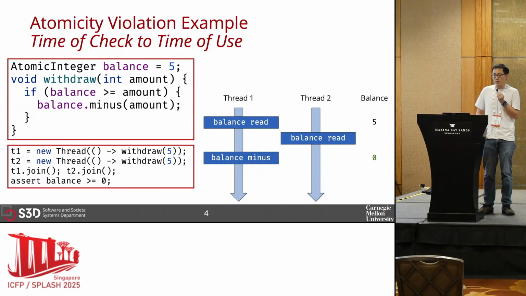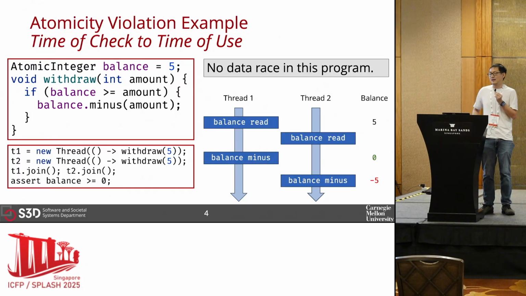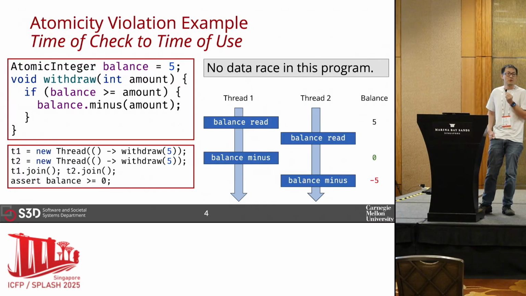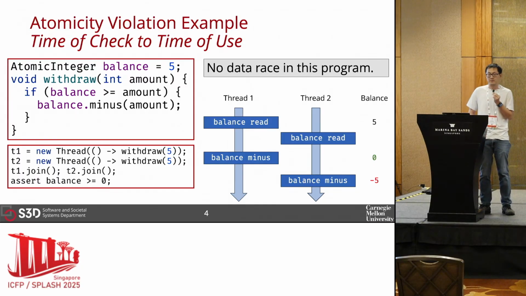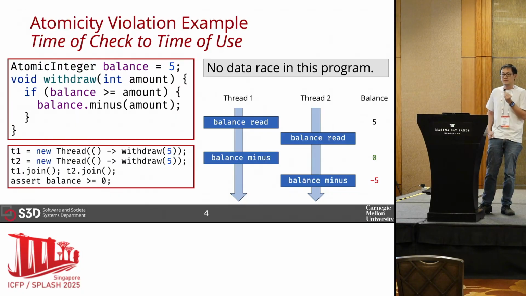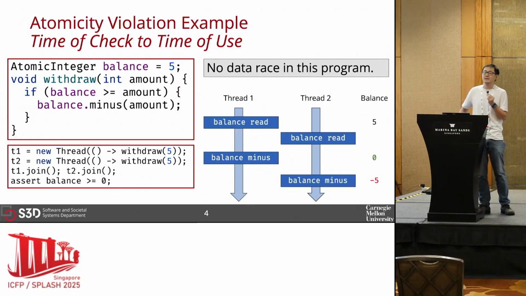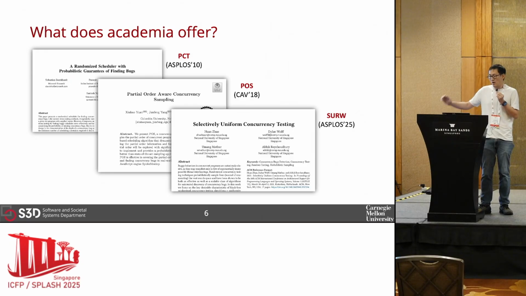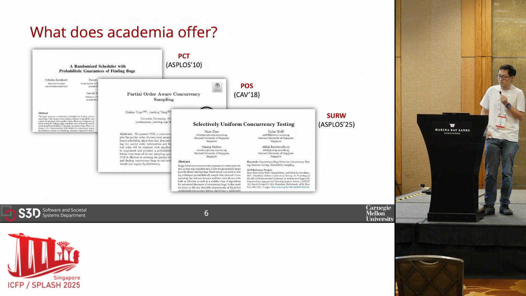Then I let one thread update the balance, and then the other thread update the balance again. With this, I'm allowing both threads to perform the withdrawal method. You can see that there's no data race in this program, but you still have this bug called an atomicity violation.